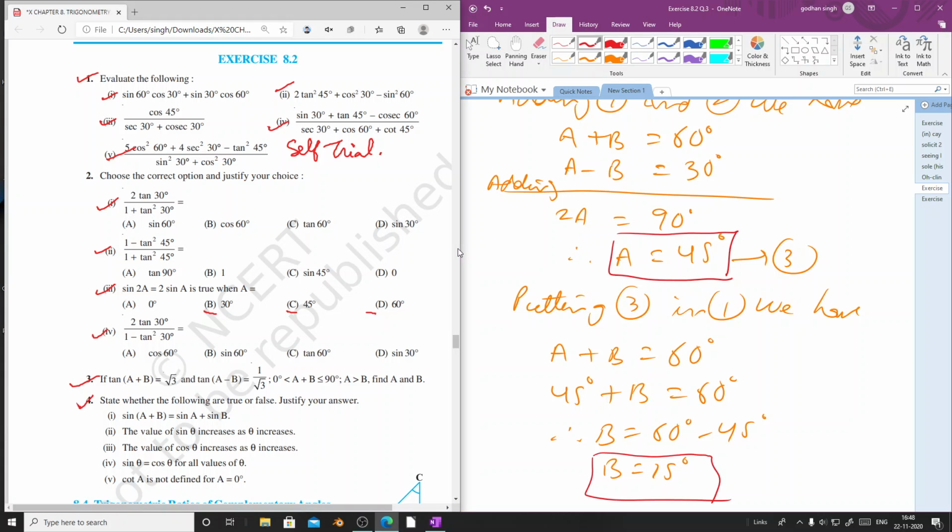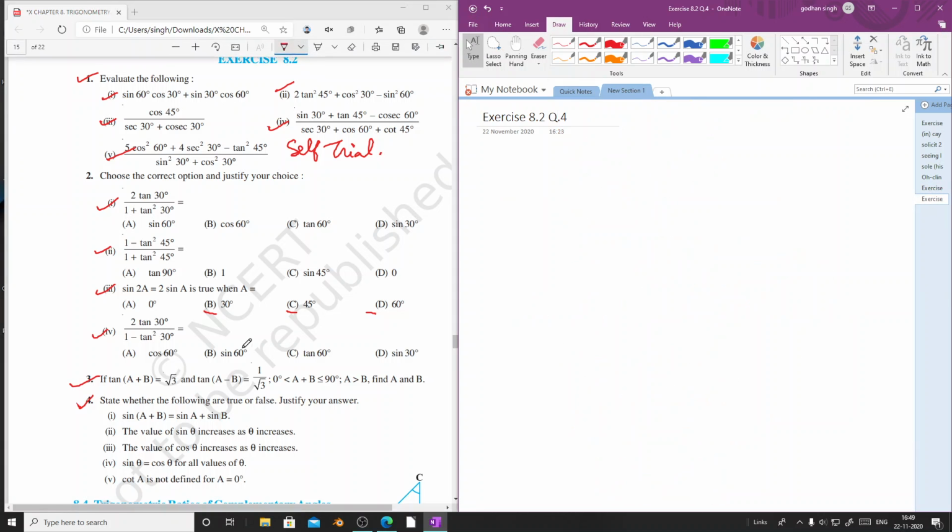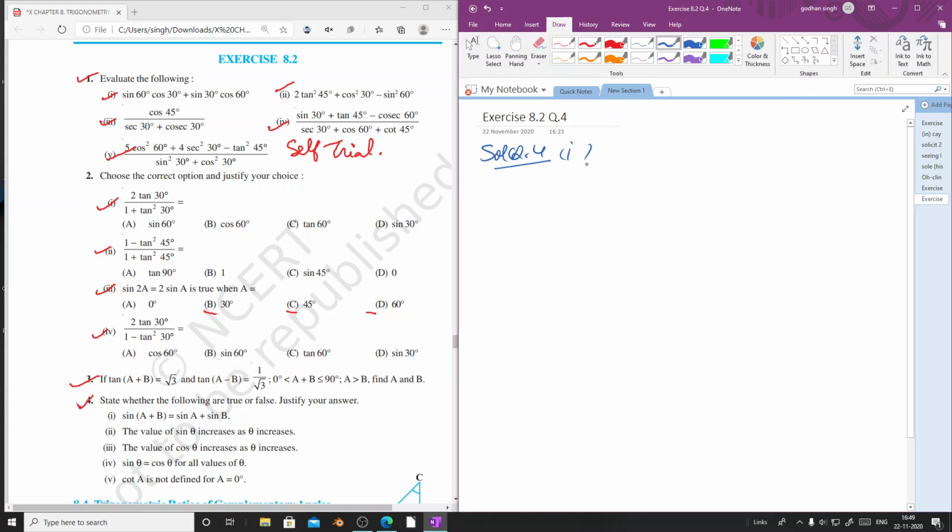Now we will do question number 4, taking the first part. Solution of question number 4, first part: sin of A plus B is equal to sin A plus sin B. Now let A be 45 degree and let B be also 45 degree.